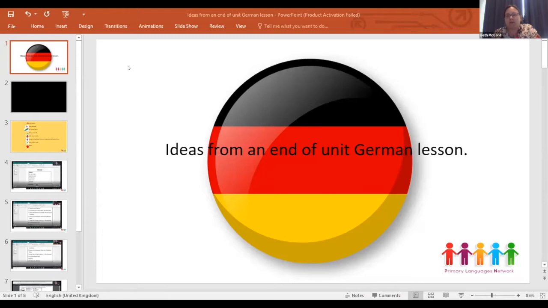So we used our language detective skills to learn about the nouns at word level to start with. We were identifying genders, using physical signs to show that we knew the genders: masculine, feminine, neuter, plurals, things like that.